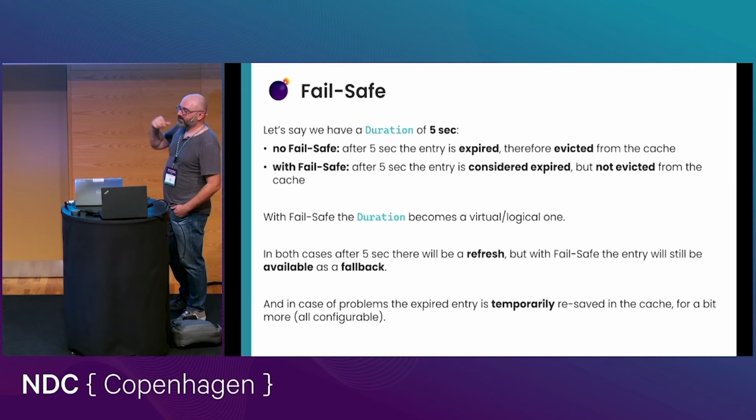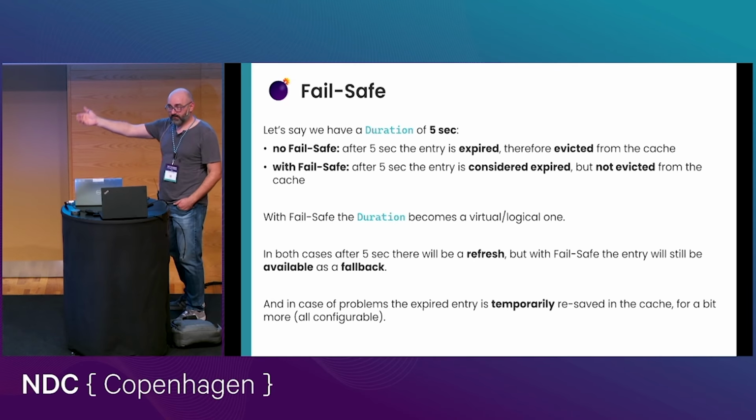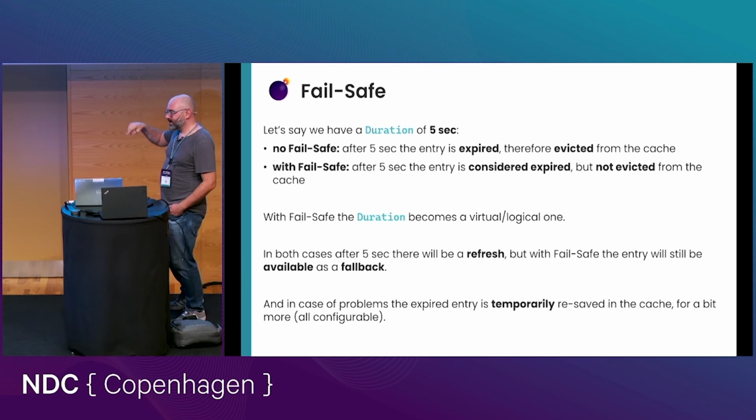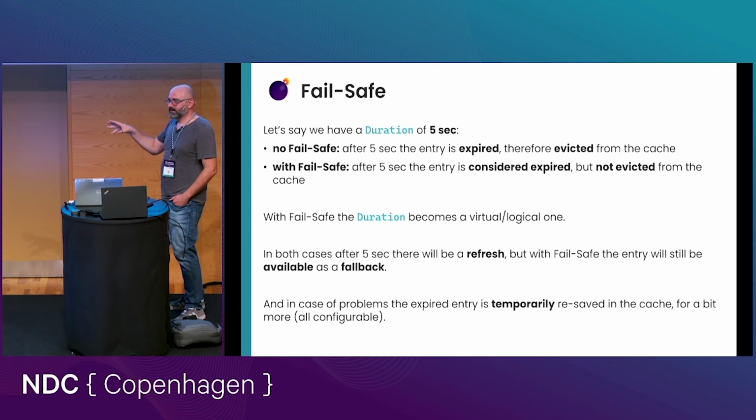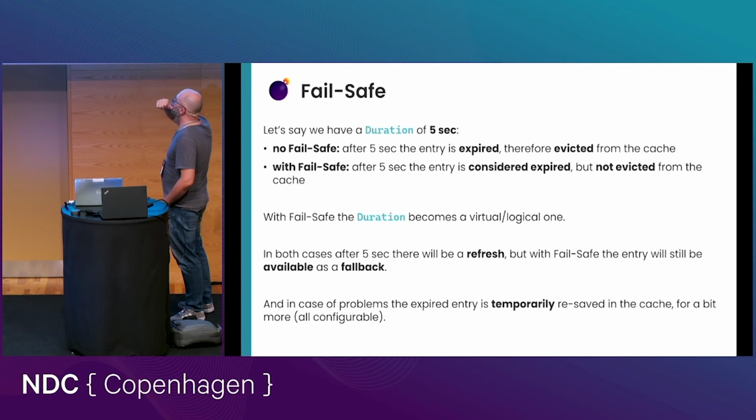With failsafe, after 5 seconds, the entry is considered expired, and so it will trigger a refresh, as it should, but it's still there in case bad things happen. So it's not evicted. With failsafe, the duration, the 5 seconds in this case, becomes a virtual or logical one. And again, in both cases, after 5 seconds, there will be a refresh. So from a behavior perspective, nothing changes.